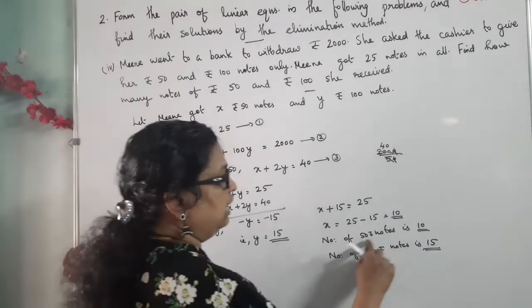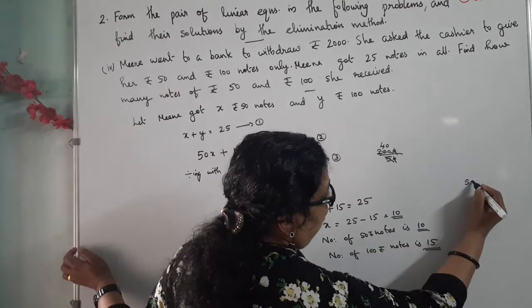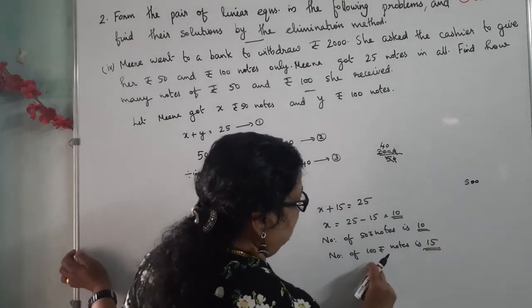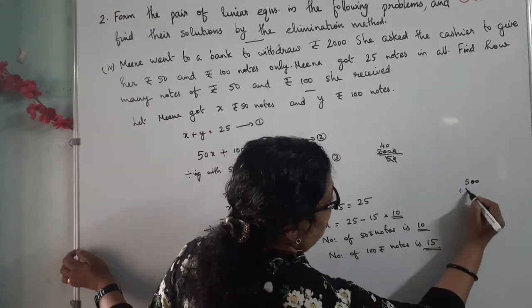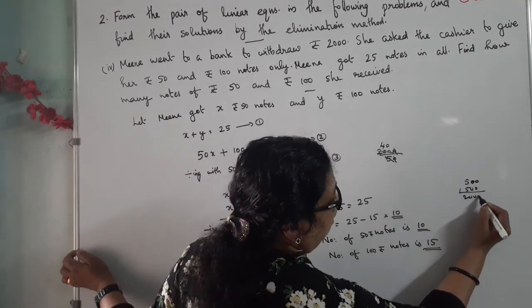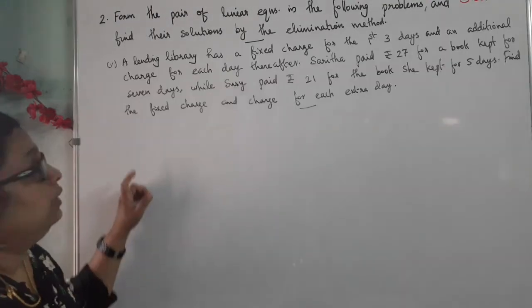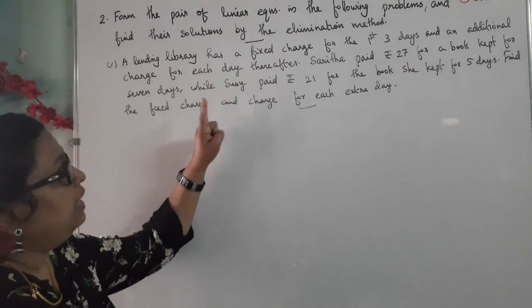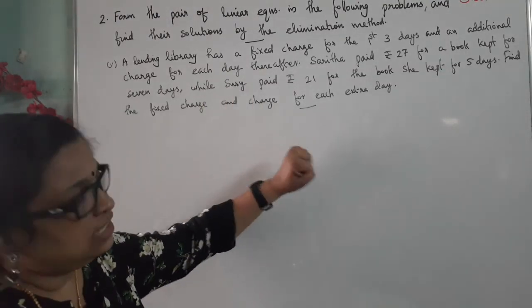Then we can check. 10 50 notes, we know that 50 into 10 is 500, and 15 100 notes, that is 1500, then the total will be 2000. So it is correct.